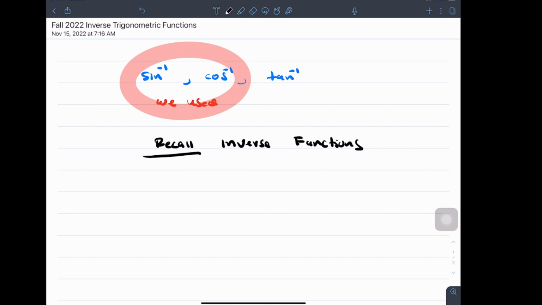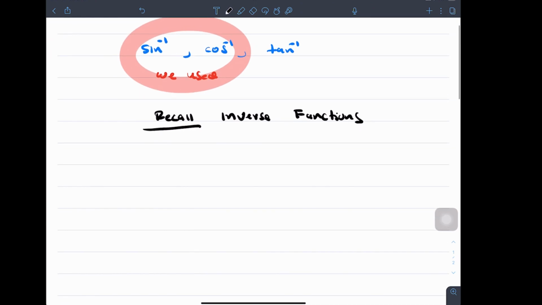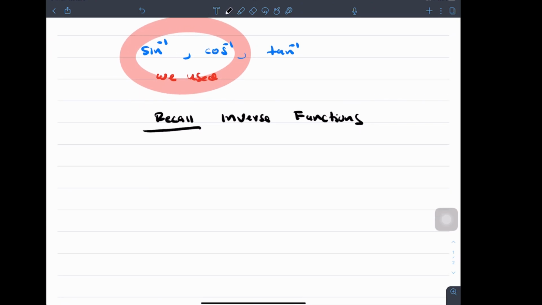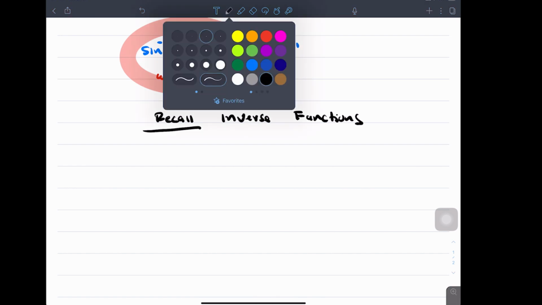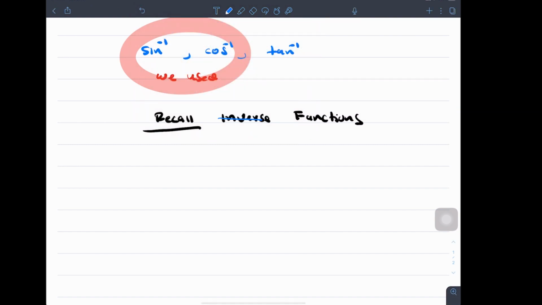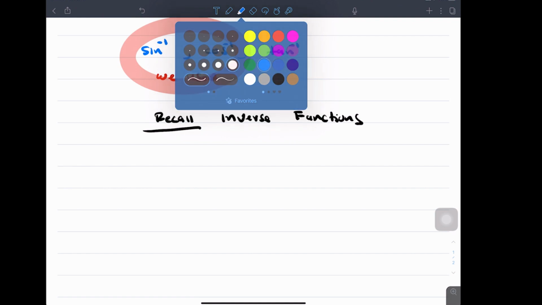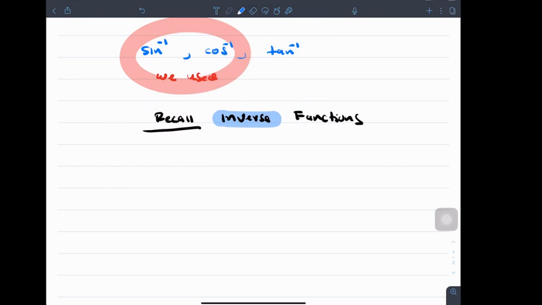What's an inverse function? I don't think inverse is the best word to use for it, but it's the word that we use. If you really want to know what it is, the best phrase to substitute is reverse functions. They work in reverse.